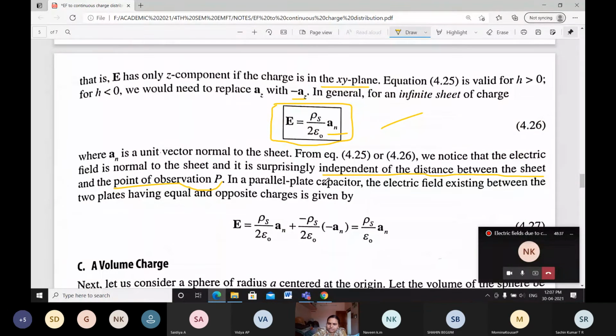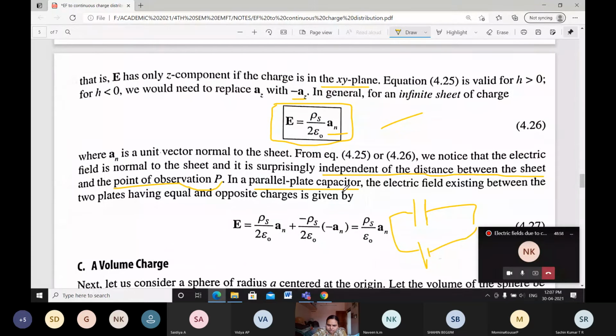Then in a parallel plate capacitor, the electric field existing between the two plates having equal and opposite charges is given as follows. For parallel capacitor plates, you can give a supply to charge and discharge.